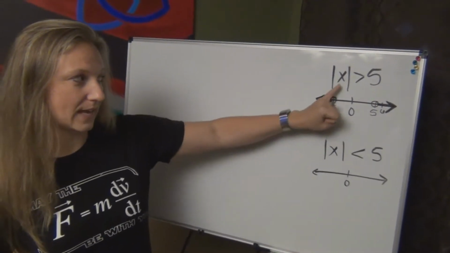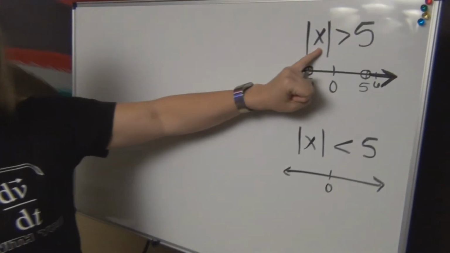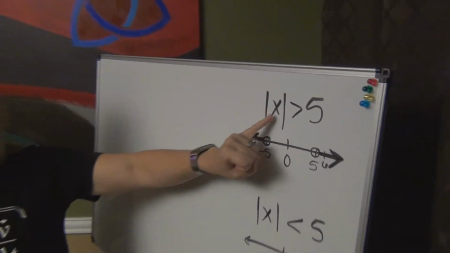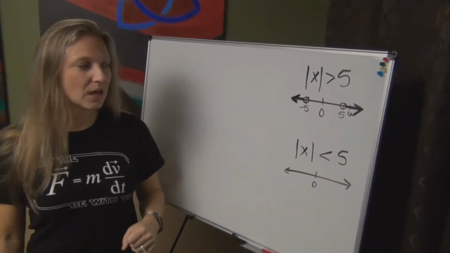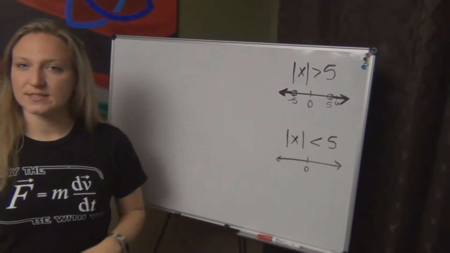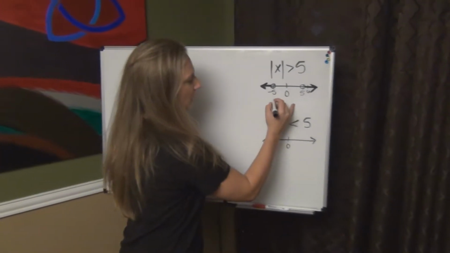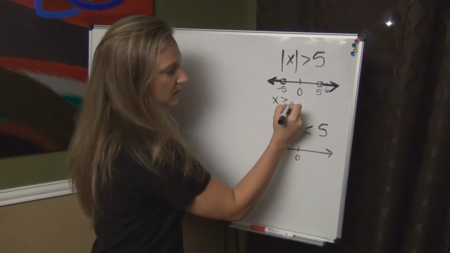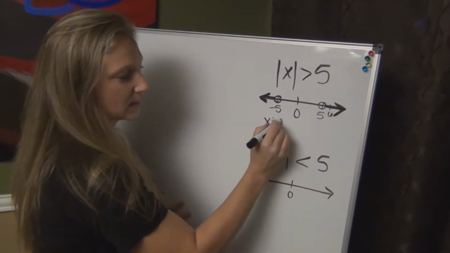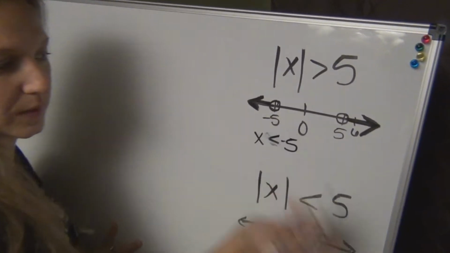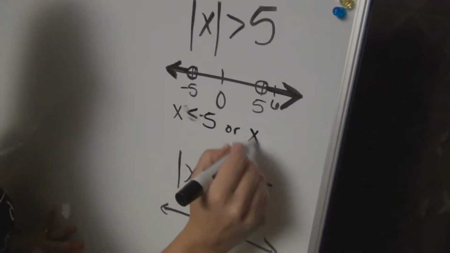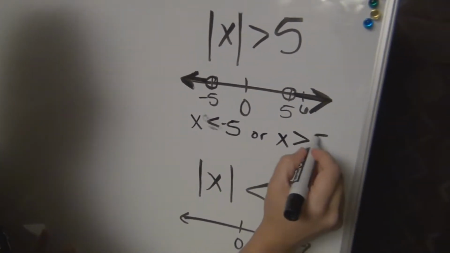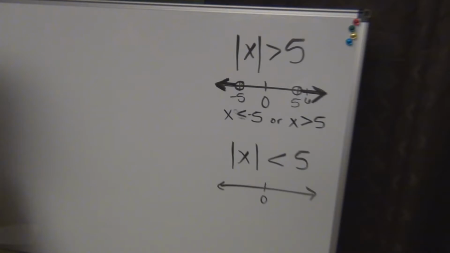For example, if I plugged in negative 6, the absolute value of negative 6 is 6, and 6 is greater than 5. So this is what it would look like for this simple absolute value inequality. The way we would write it is we would say x is everything less than negative 5 for this piece, or our x value can be everything greater than 5 for this piece.